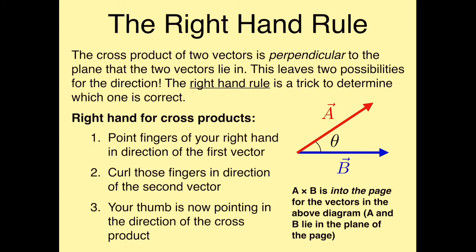Let's try this out with the two vectors shown here, A cross B. Start by pointing the fingers of your right hand in the direction of A, and then curl them in the direction of B. If you do this, you should find that your thumb is now pointing into the page. So the cross product A cross B is going into the page for these two vectors.